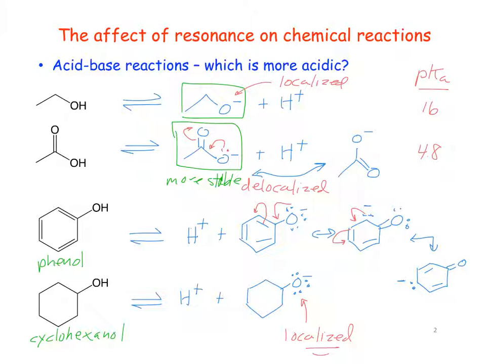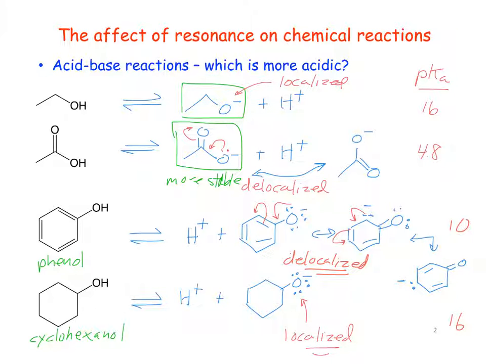So, in fact, this anion is very delocalized. That's going to make that anion much more stable, and if we look at the pKa's, the pKa for phenol is about 10. The pKa of cyclohexanol is kind of like ethanol, about 16.